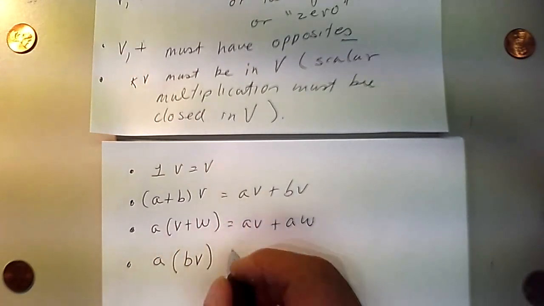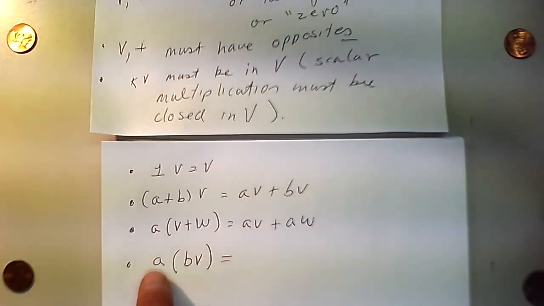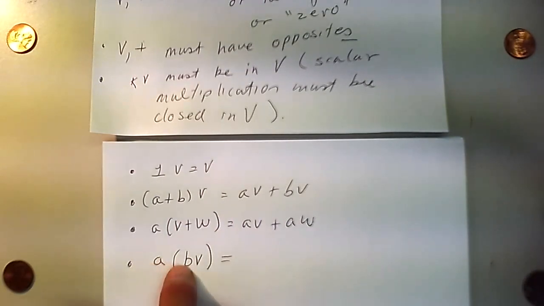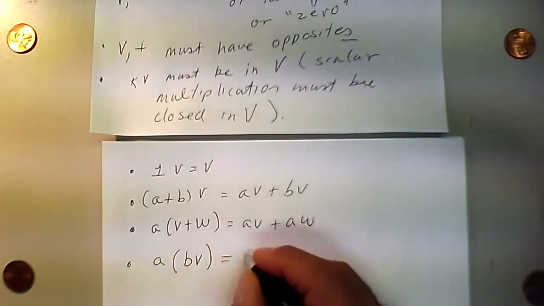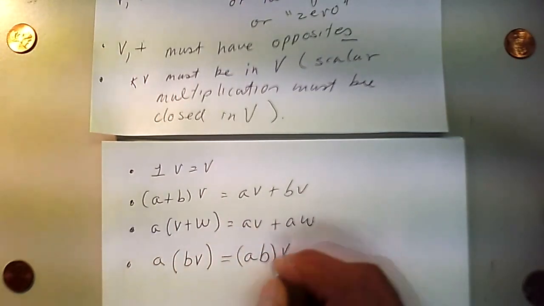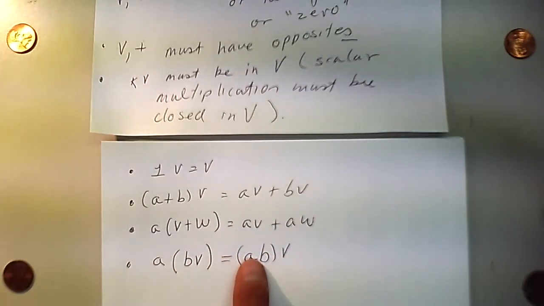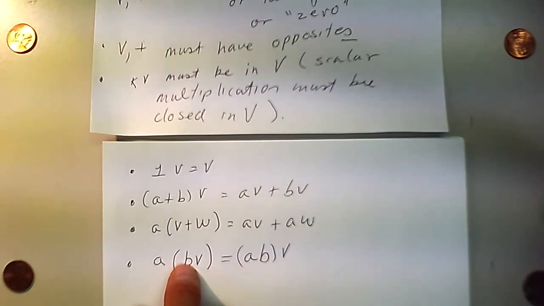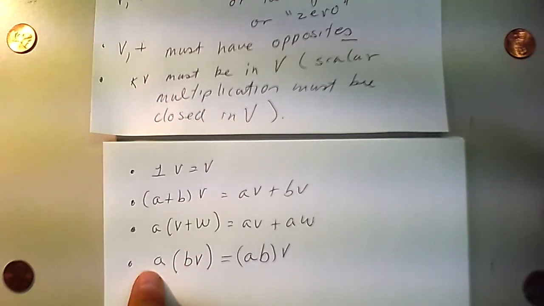That should be compatible with the multiplication among the scalars. So AB multiplied with V, one scalar times a vector, should equal the vector times the second scalar, and in turn, that new vector multiplied with the first scalar should equal that.